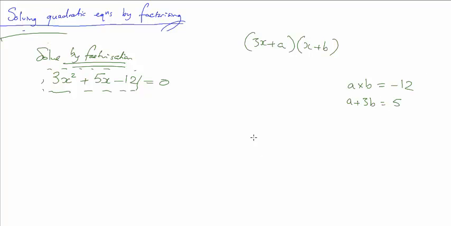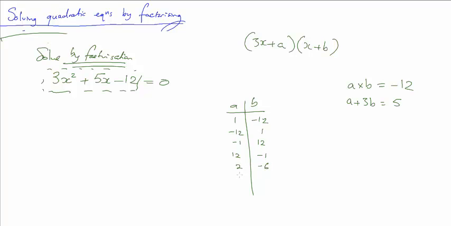Remember? Now let's consider all the possible a times b's. So we could have had 1 and minus 12. Remember, because it's 3x and x, we're in that annoying situation where you've got to consider more. What you would have thought was just its opposite has turned into 4 things.